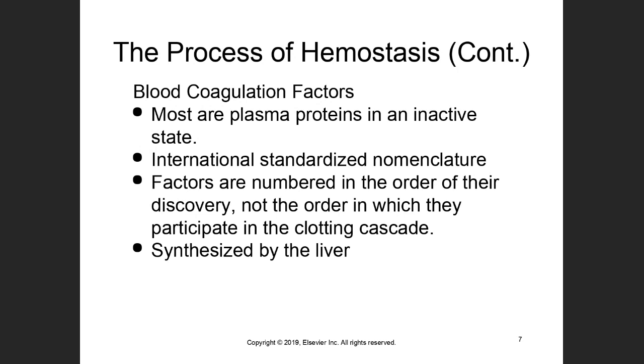Now we have blood coagulation factors. Most are plasma proteins in an inactive state, with international standard nomenclature. This is extremely important: all coagulation factors are synthesized, that means made, by the liver.